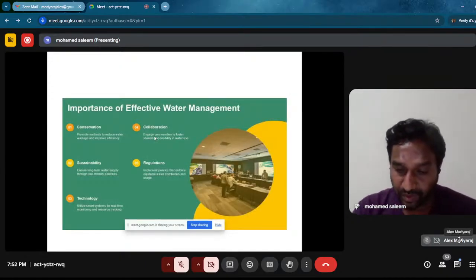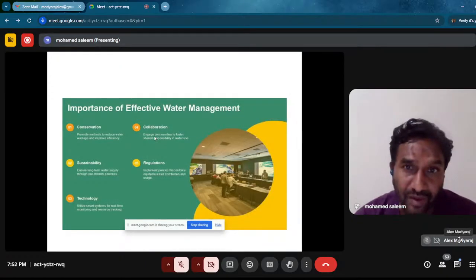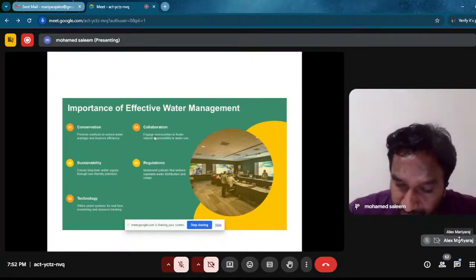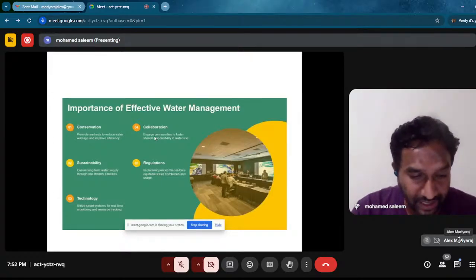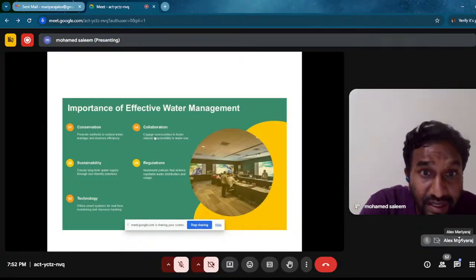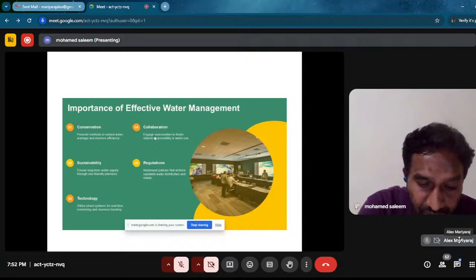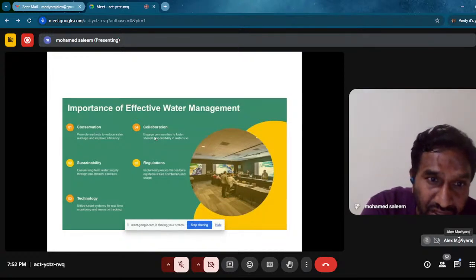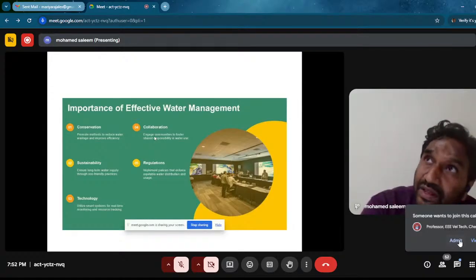Next, we move on to water management. The main things in water management are conservation, sustainability, technology, collaboration and regulation. Conservation: you have to reduce water wastage and improve efficiency. On sustainability, we need to ensure long-term water supply through eco-friendly practices.